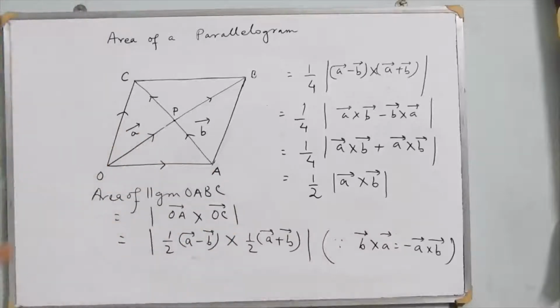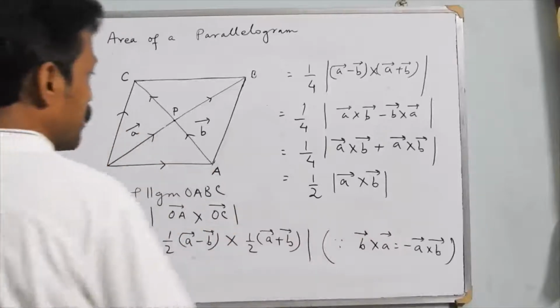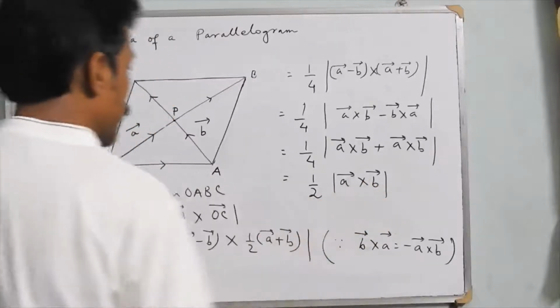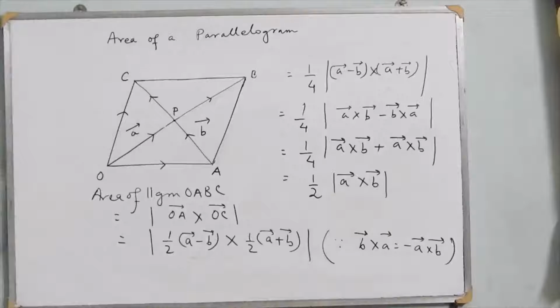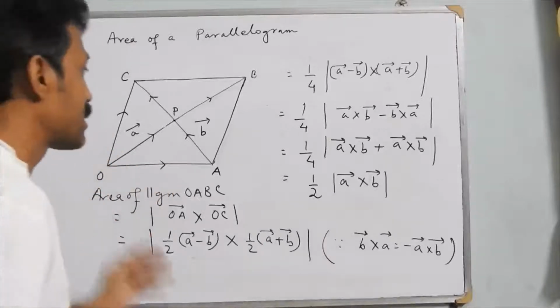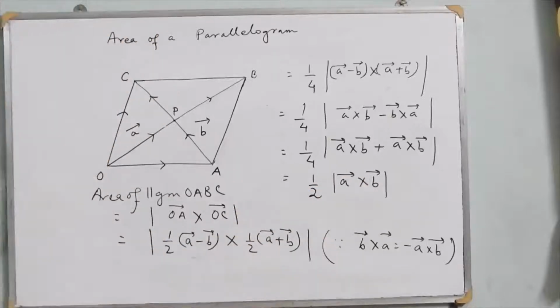So if the diagonals are indicated by A vector and B vector, then the area is half of the modulus of A vector cross B vector. If the adjacent sides are represented by A vector and B vector, then the area is just the modulus of A vector cross B vector.